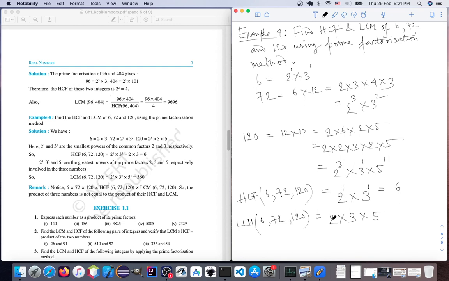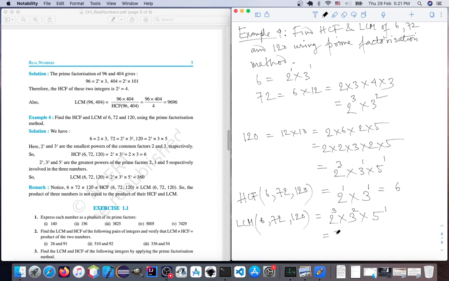For powers of 2, we have to consider the highest power of 2 that is occurring in the prime factorization of the three numbers. So the highest power is 3. What is the highest power of 3? This 3 squared. And what is the highest power of 5? 1. So this is the LCM.